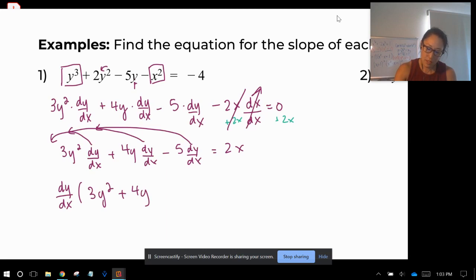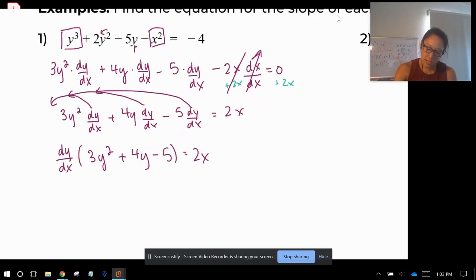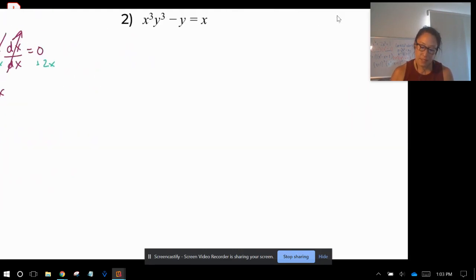So (3y squared plus 4y minus 5) equals 2x. And then to isolate dy/dx, we divide. So the derivative written in terms of x is 2x over 3y squared plus 4y minus 5. Fun times. Let's move on.